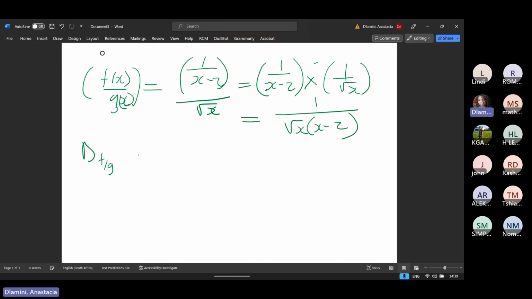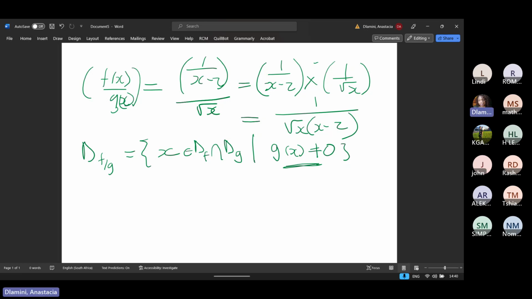The domain of f over g, remember they said it will be x, an element of the domain of f intersection the domain of g, such that g of x is not equal to 0. So this part means that all values of x such that when you substitute in g will give you 0 should not be included.